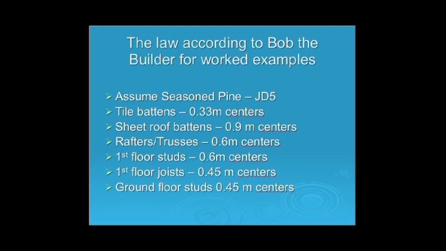Therefore, my studs are directly underneath my trusses or rafters. Then when we get down to the first floor joists, because we're using 19mm particle board, our joists are going to be at 450 centres. Therefore, our ground floor studs are going to be at 450 centres, directly underneath the joists. This is an efficient building plan, or an efficient construction plan.